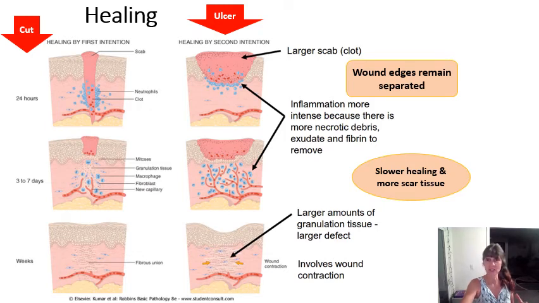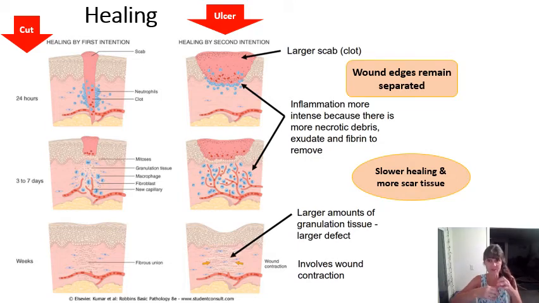So the inflammation that occurs on a larger wound or an ulcer is going to be much more intense because there's a lot more dead tissue, and necrotic debris is dead tissue.